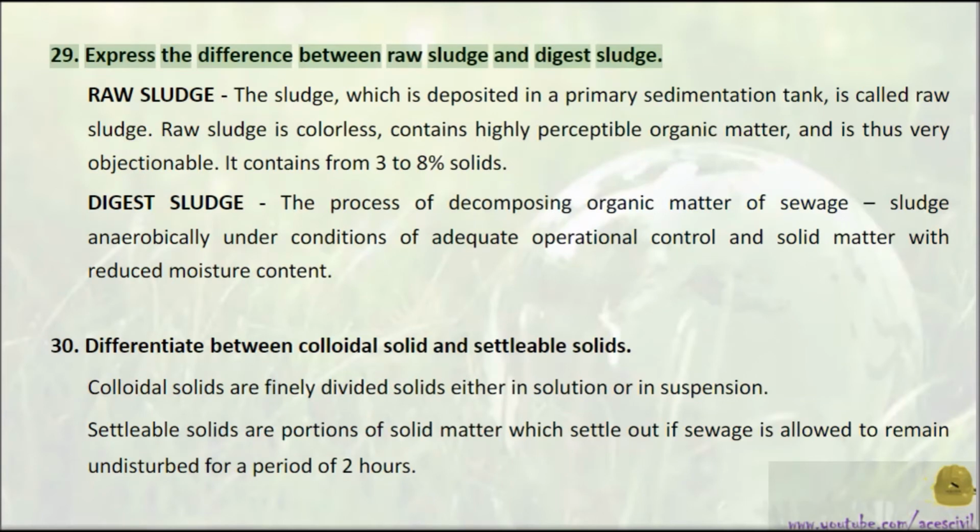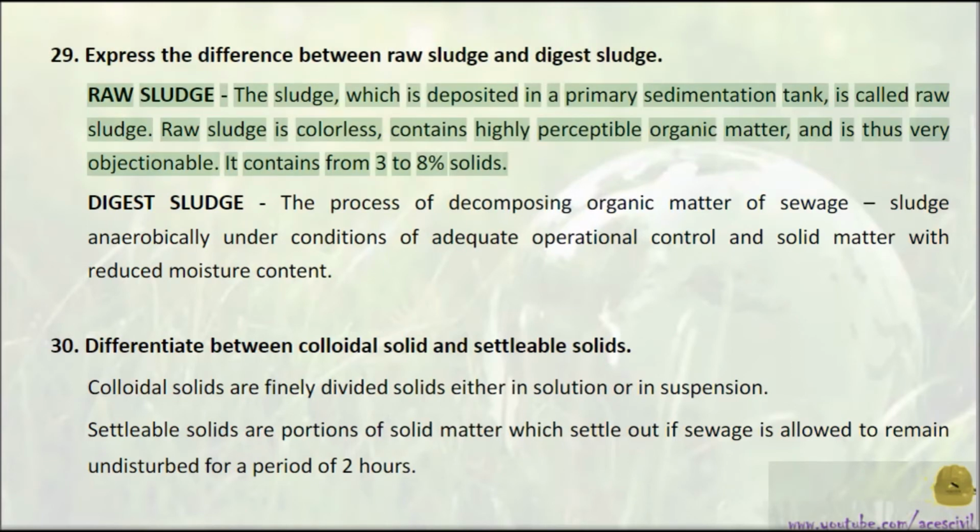Express the difference between raw sludge and digested sludge. Raw sludge: the sludge which is deposited in a primary sedimentation tank is called raw sludge. Raw sludge is colorless, contains highly perceptible organic matter, and is thus very objectionable.